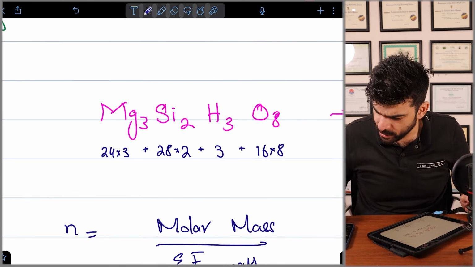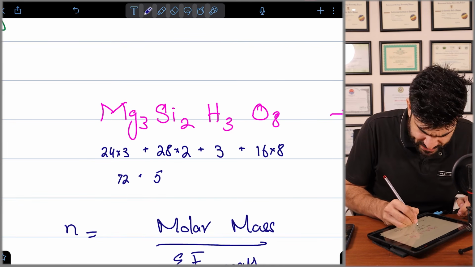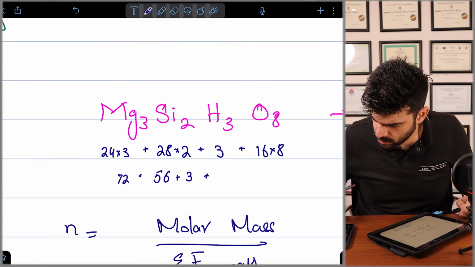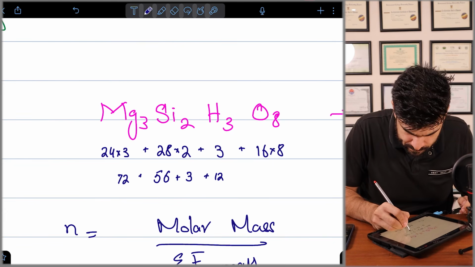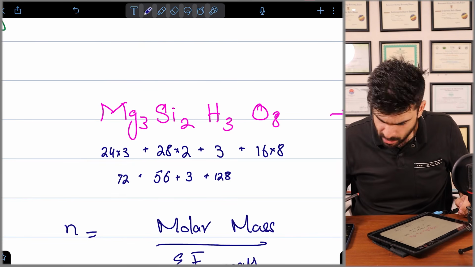So 24 times 3 would be 72, plus 56, plus 3, plus 128. Let's add all the values.